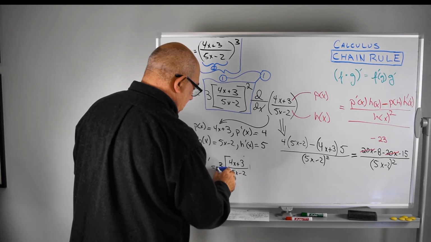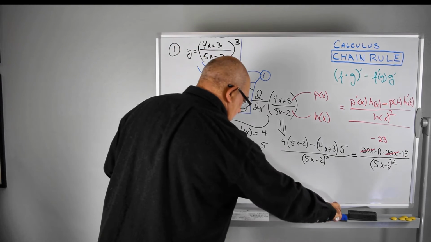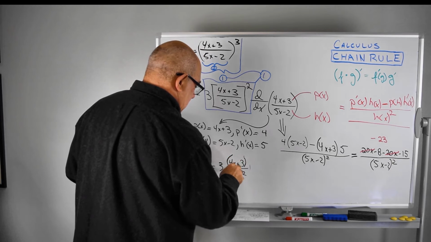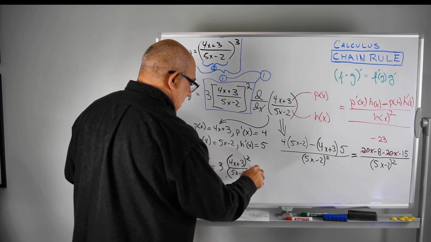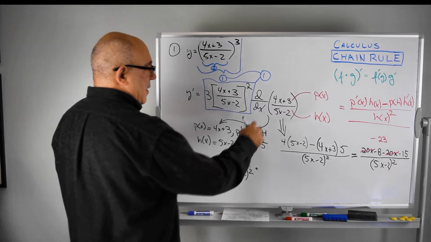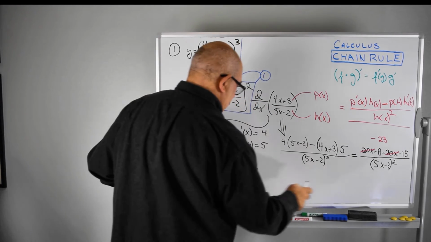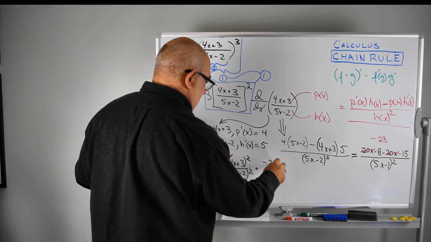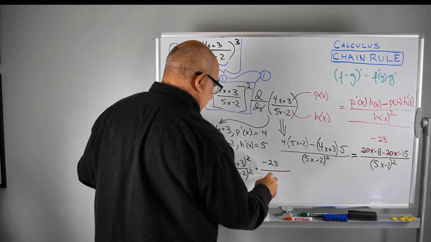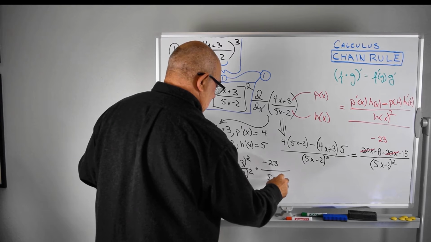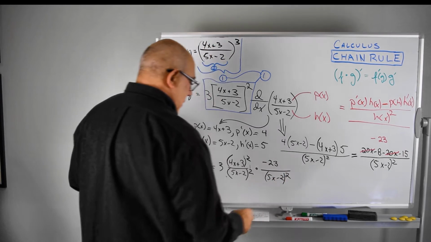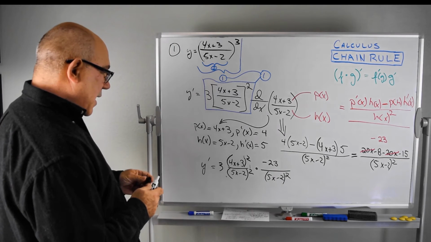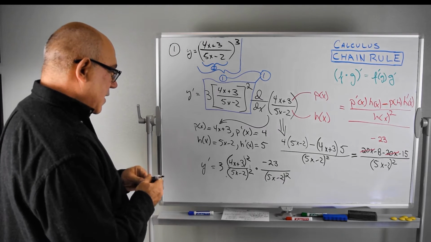That's what we had before, but I'm going to rewrite it. We can rewrite this as squared, times this, which we just solved, which is minus 23 divided by 5x minus 2 squared. Okay, so now we have everything we need to solve this.